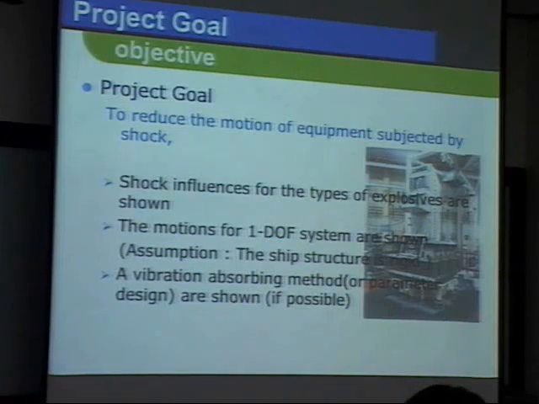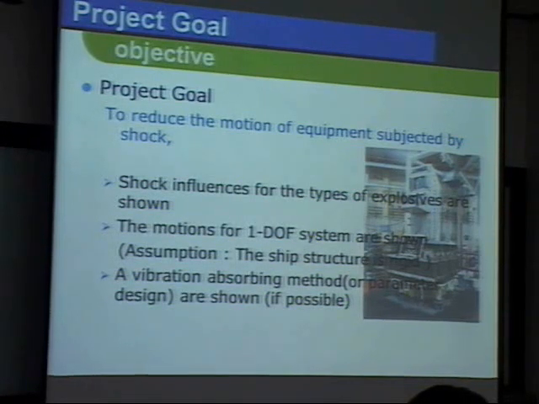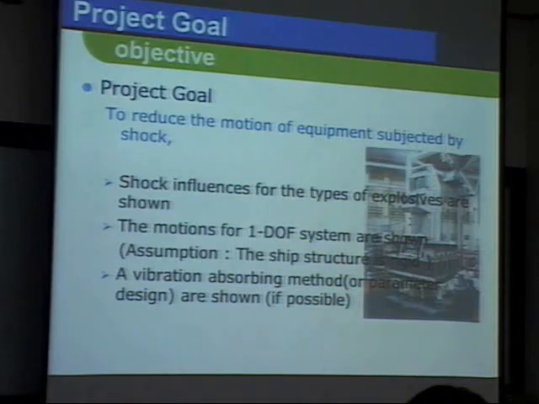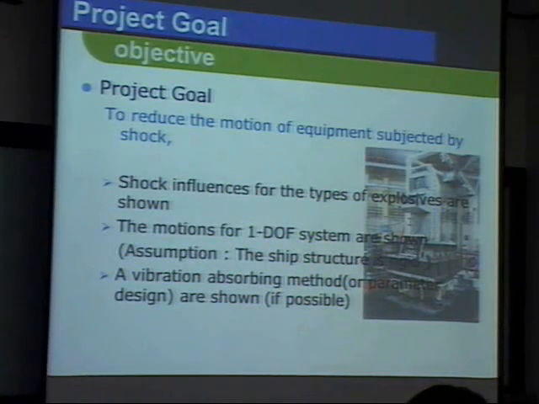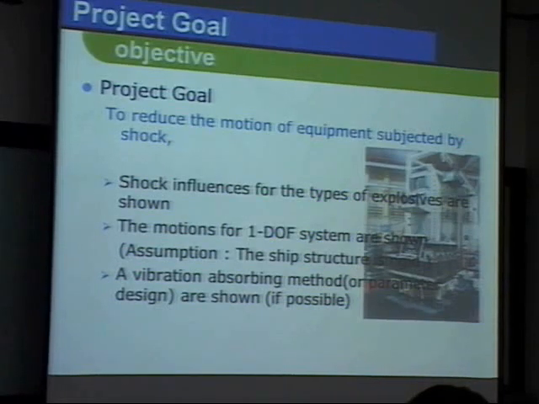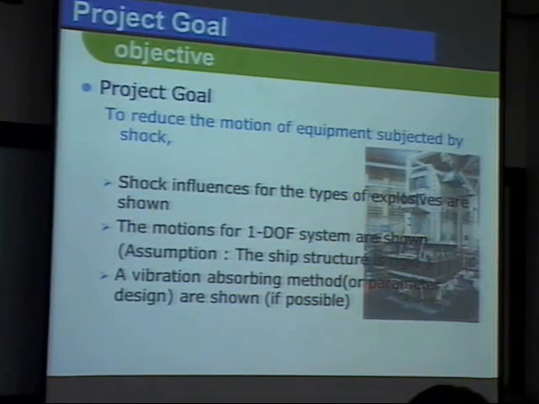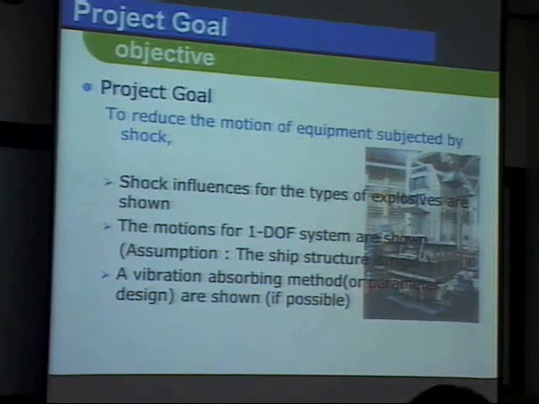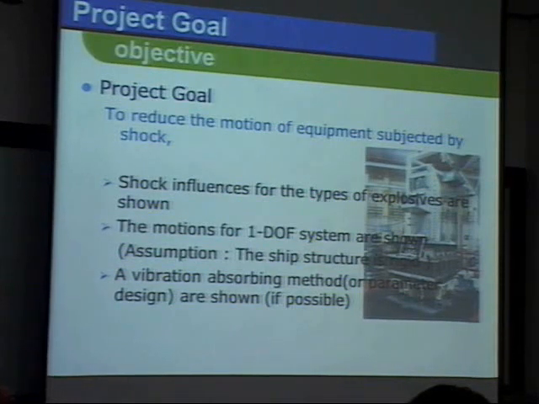And first of all, we will show the shock influences from the effect of explosives, and then we calculate motions for a 1 degree of freedom system of equipment, where our assumption is that the ship structure is rigid.